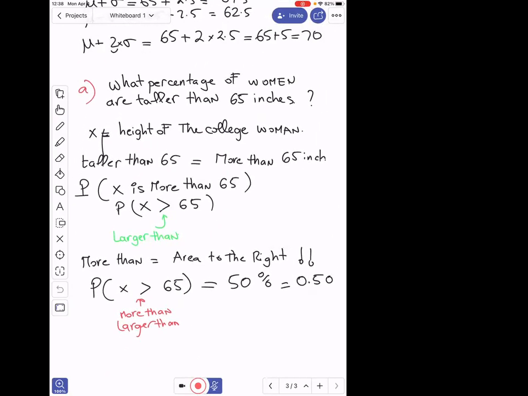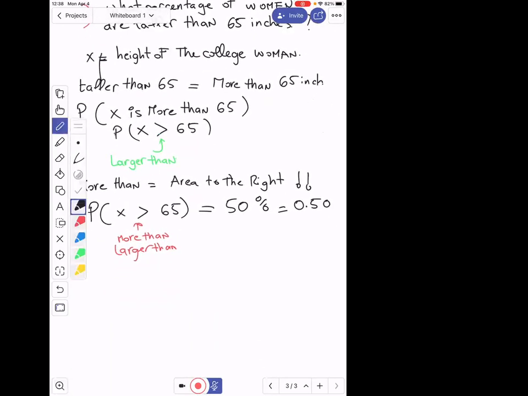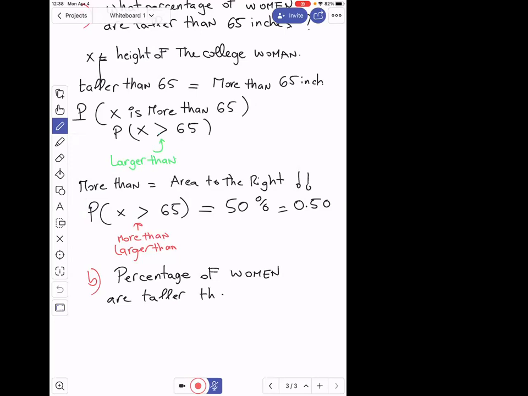So what percentage of women are taller than 67.5 inches?